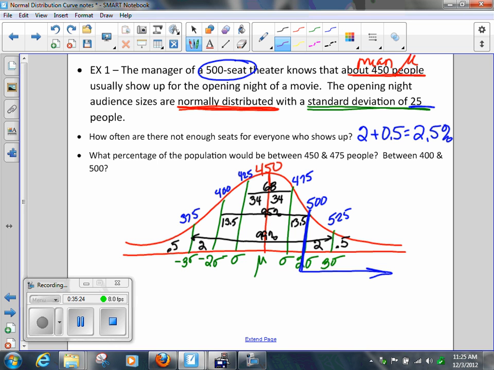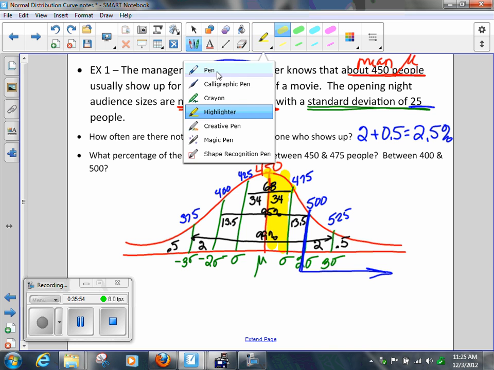If I look at this, y'all, does everybody see that? Between 450 and 475 is from here to here, right? So it's how much? 34%. That's it. 34%. No, because it says between 450 and 475.